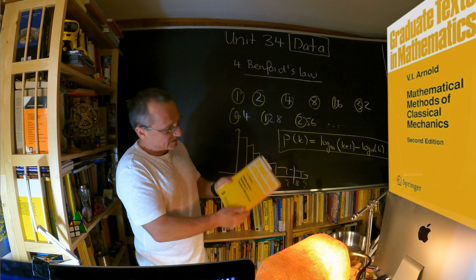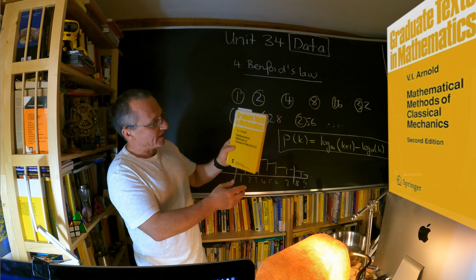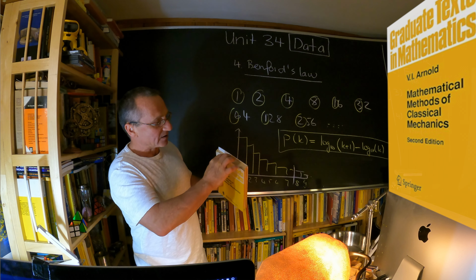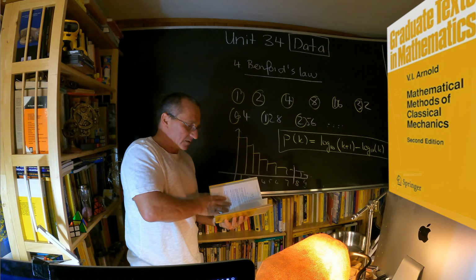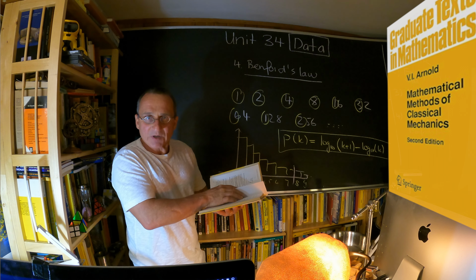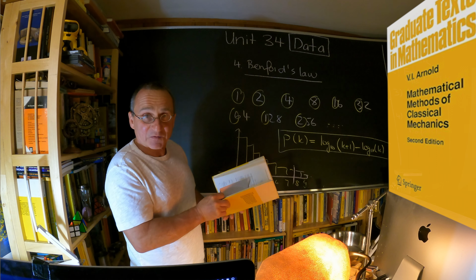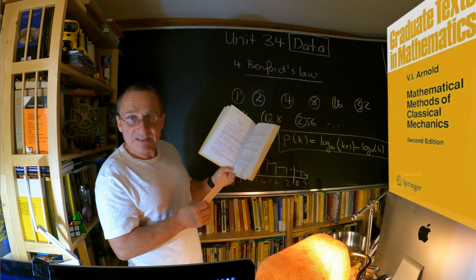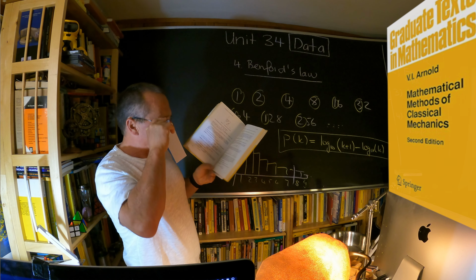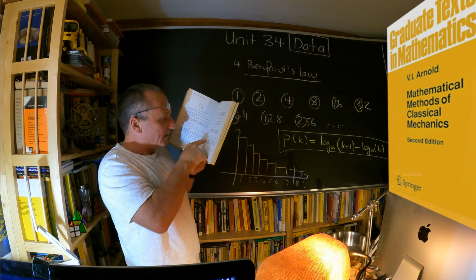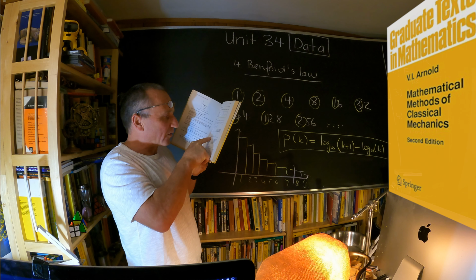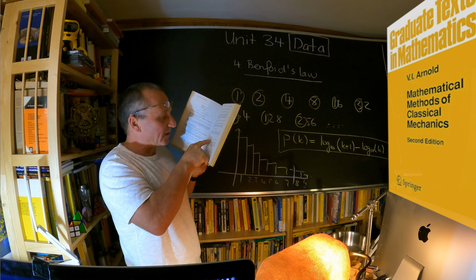But if you look at this book, Mathematical Methods of Classical Mechanics by Vladimir Arnold, he has here on page, this was actually my Bible essentially when I was a student, because I loved the way he writes, and I still love it. He has a thing about the sequence 1, 2, 4, and so on, the first digits.